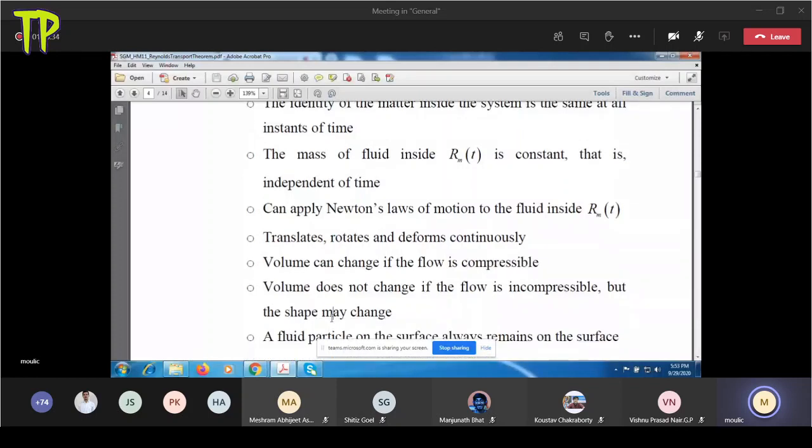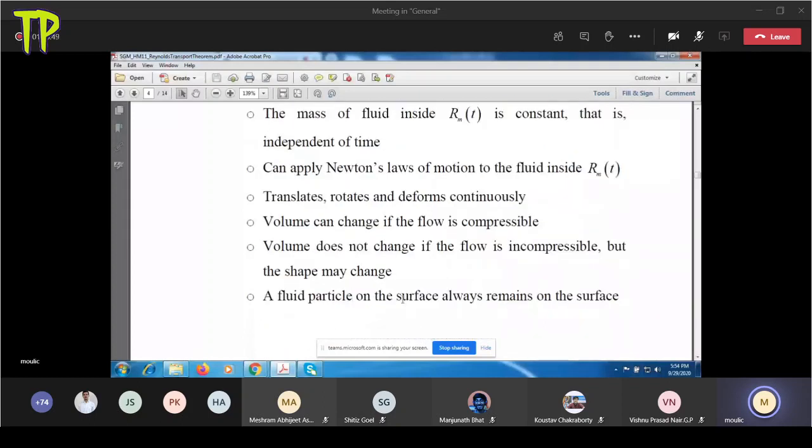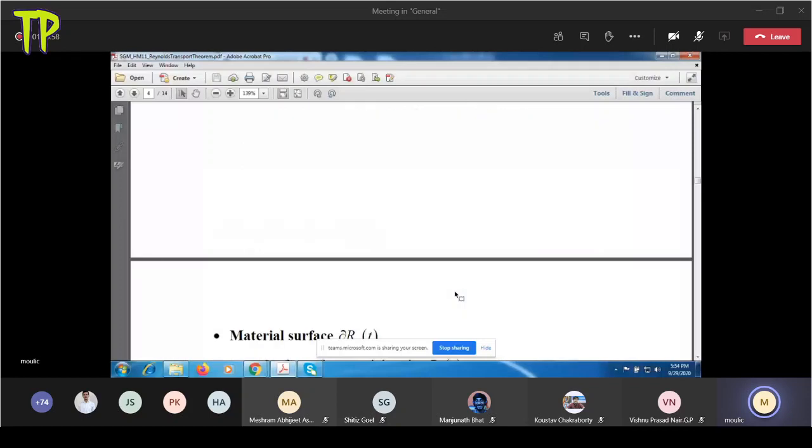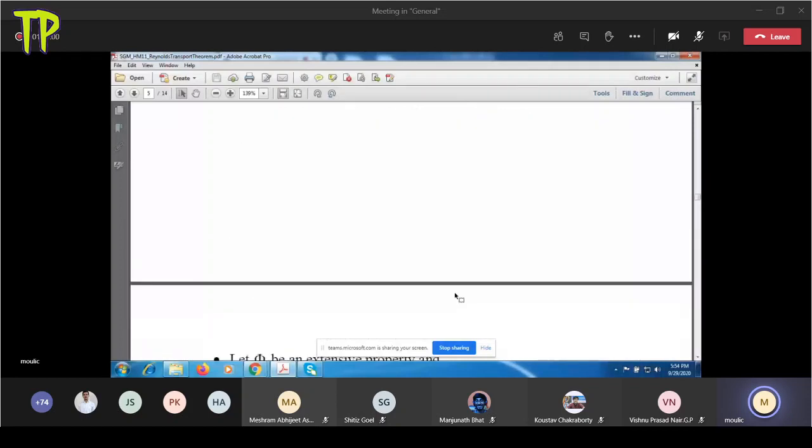So in addition to translating and rotating, it might deform, but the deformation will preserve the volume. The fluid particle which is on the surface will always remain on the surface, and the fluid particle which is inside will always remain inside. So these are the characteristics of a material region or system.